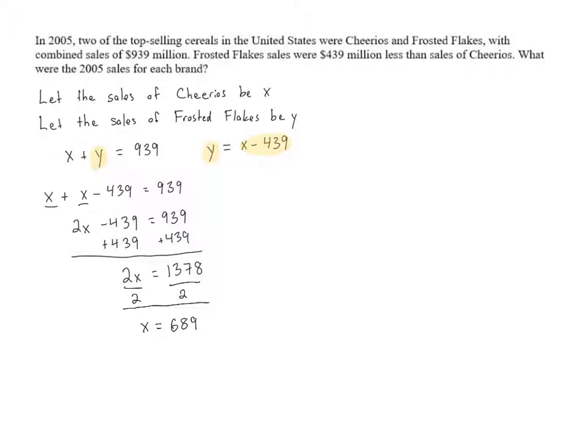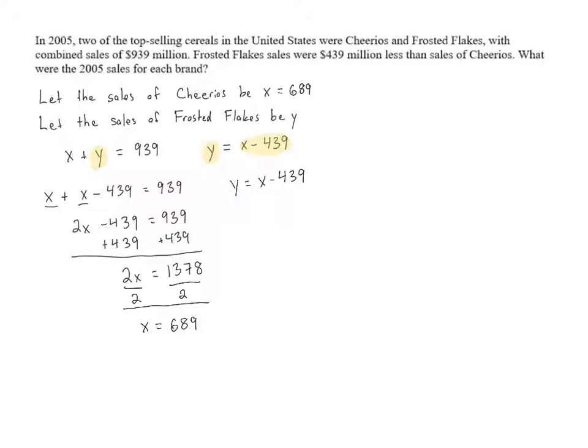So we have x equals 689. If we go back to our let statements, x represented the sales of Cheerios, so that's 689. The sales of Frosted Flakes was equal to y, and we don't know y yet, so we have to continue and figure out the value of y. But we can look at the second equation. We saw that y was equal to x minus 439. I'm just going to rewrite that so that we can work with it.